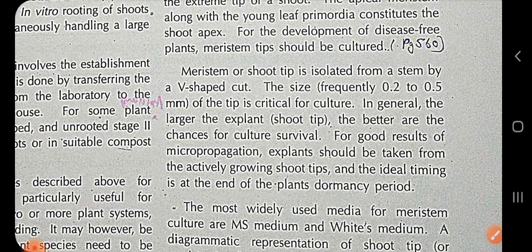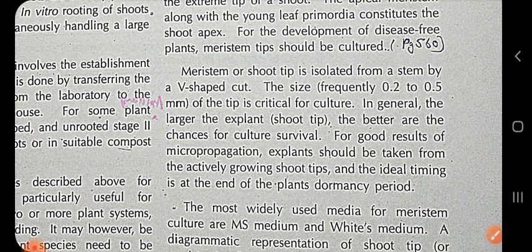So there are both positive and negative points if you are taking a larger explant. Even if you are taking a smaller explant, there is less chance of survival of that explant. That's also a bad point. So for good results, we have to take 0.2 to 0.5 millimeter of the tip.